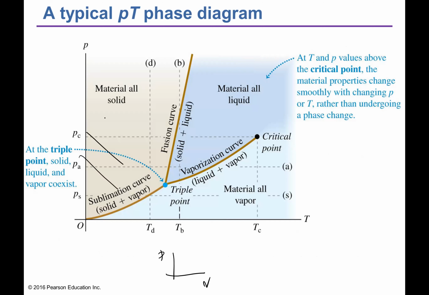Let's say everything here is solid. At this temperature and this pressure, it's going to be vapor. But at this temperature and that pressure, it's going to be a solid. That means what determines the phase is not just temperature, but also the pressure. So everything is obviously a little more complicated than it first seems.